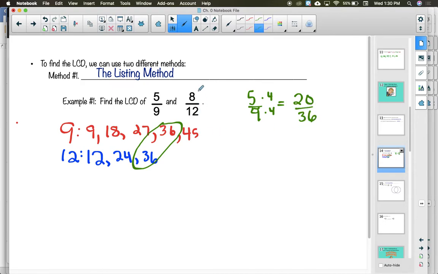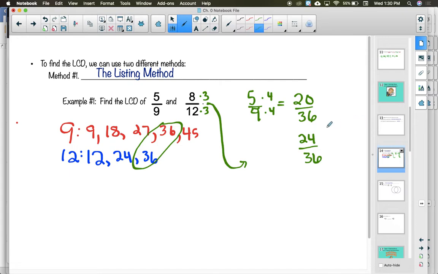I can do the same thing with my second fraction, 8/12. To get 12 to be equal to 36, I can multiply by 1, 2, 3. And remember to multiply the numerator by the same thing in order to get the equivalent fractions. So 8 times 3 is 24, and 12 times 3 is 36.